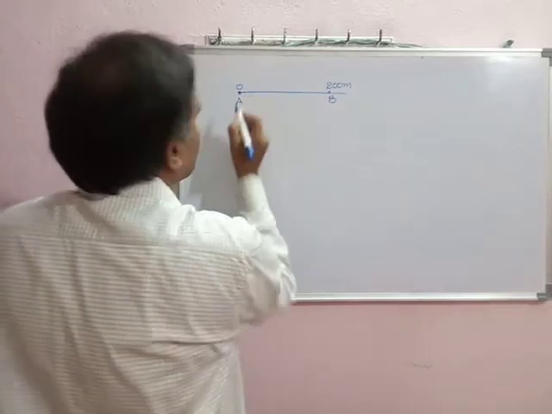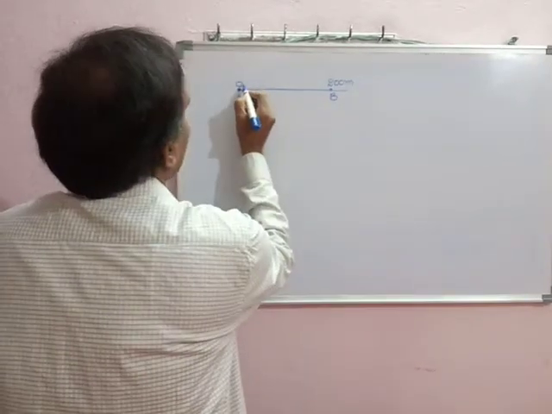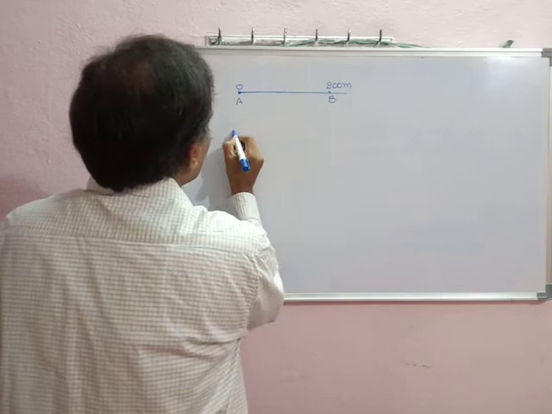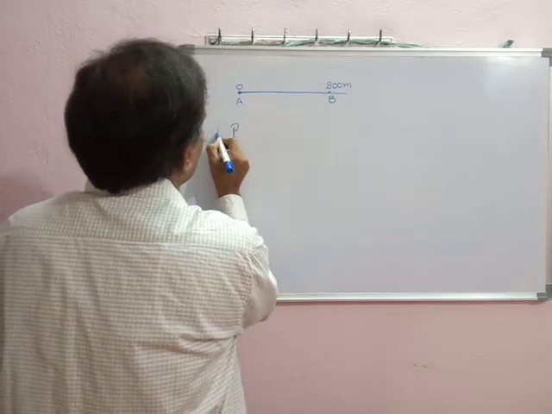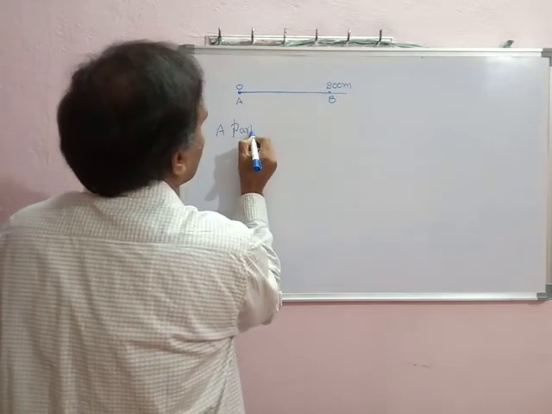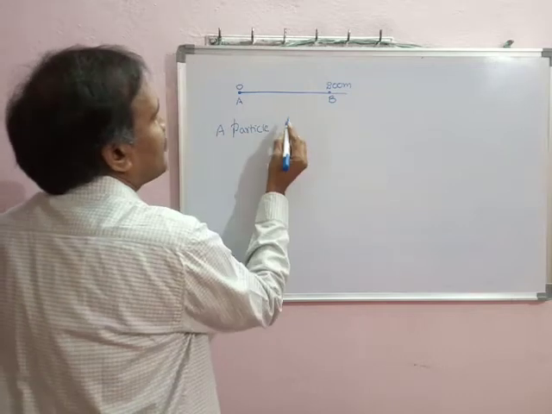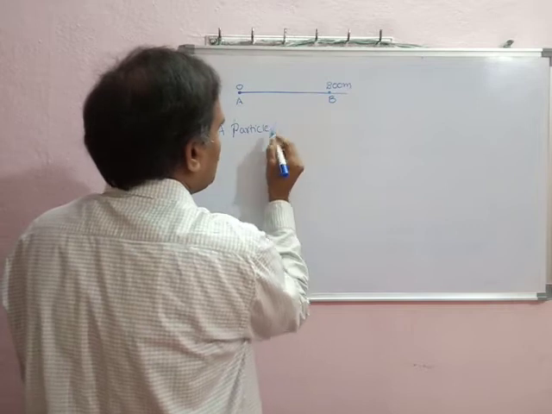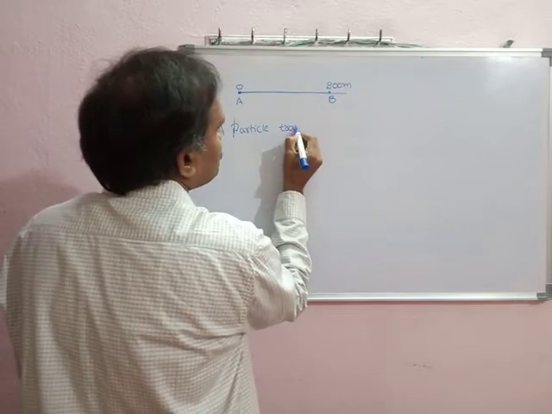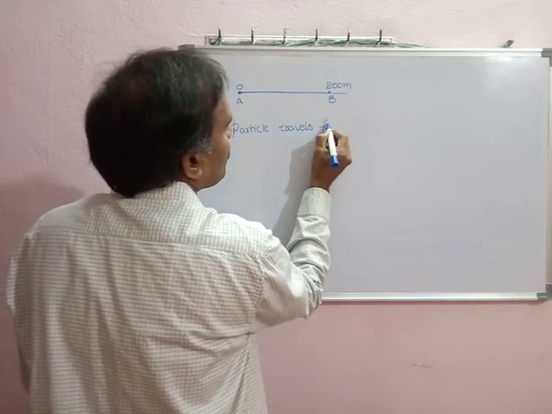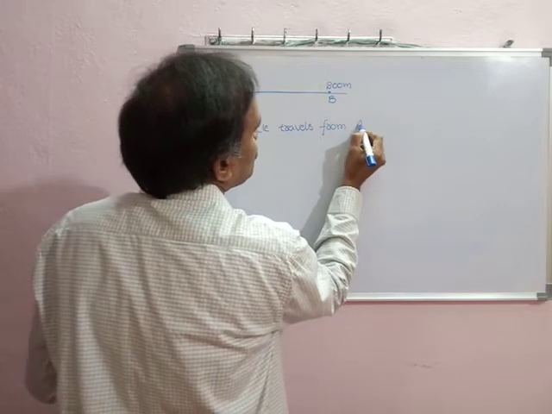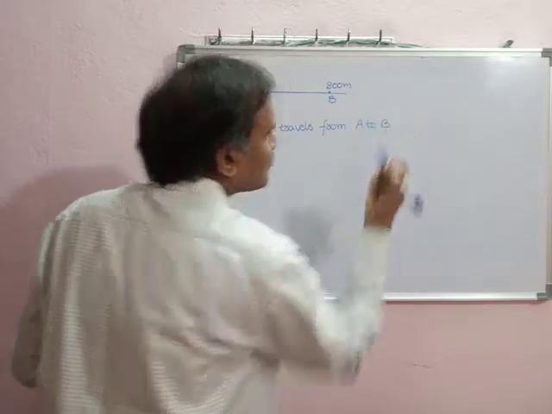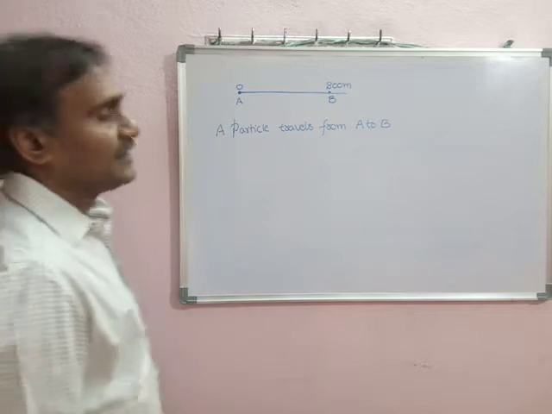Now a bus or a particle travels from A to B, from station A to station B. Find out its path length.